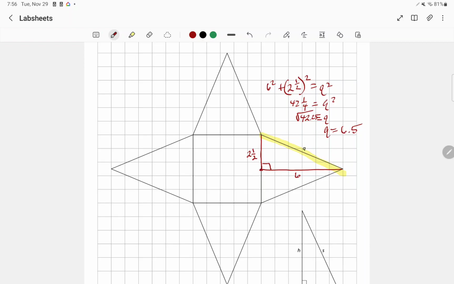And that's not in our list of perfect squares. So you would have to be sure, because decimals can be perfect squares too, because 6.5 times itself, that's where the 42 1/4 came from.